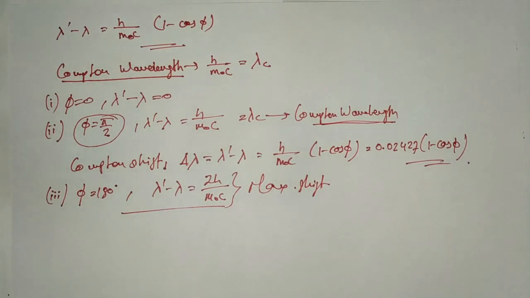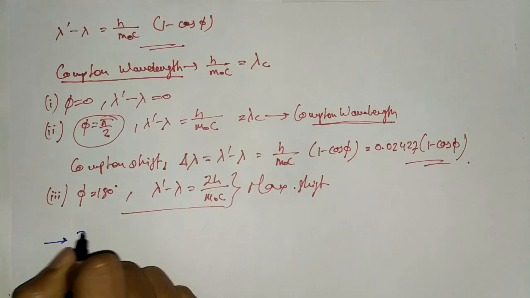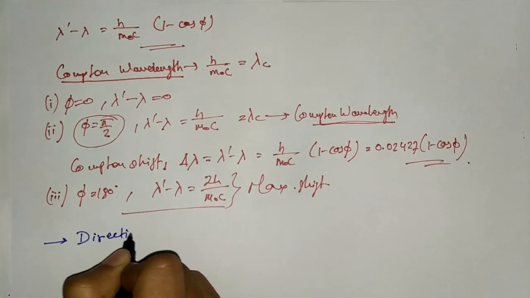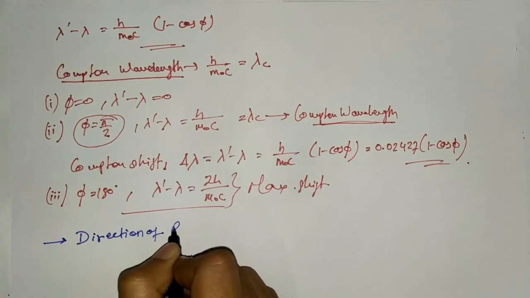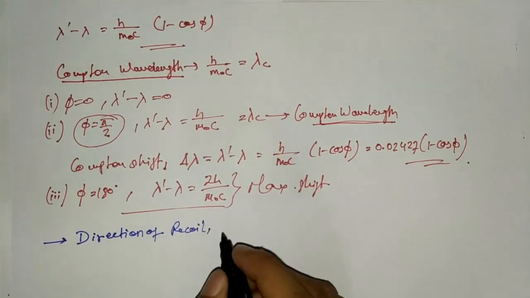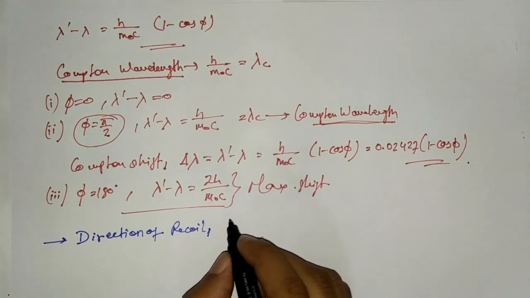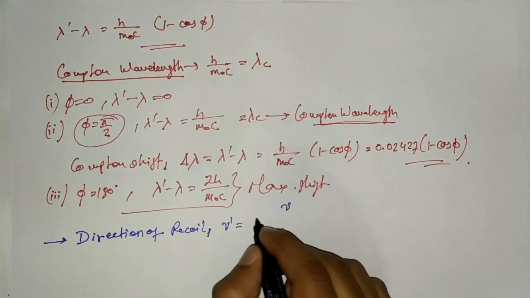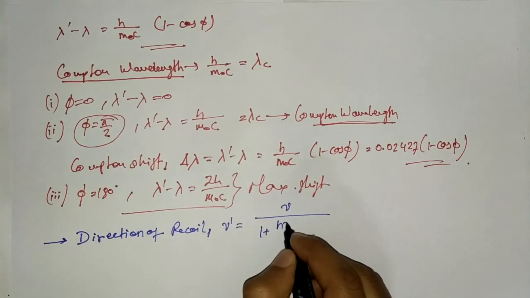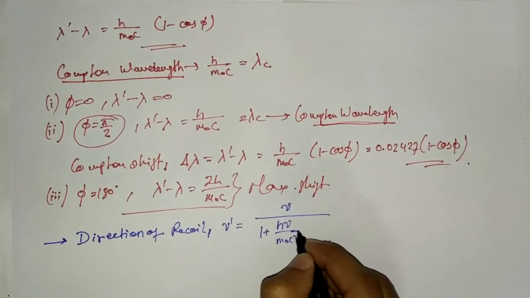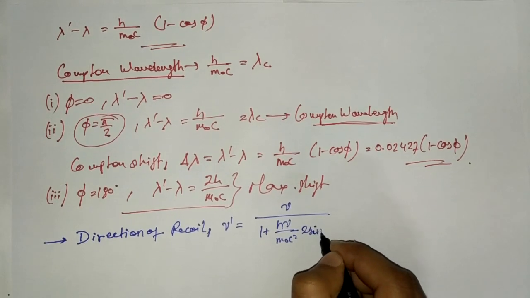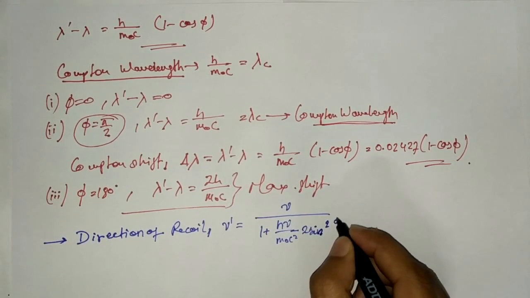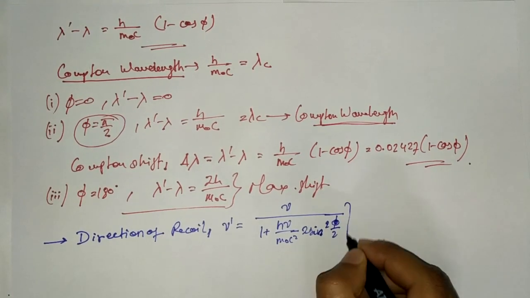So now let me write the equations for you, to remember from the examination point of view. First I am writing the equation of direction of recoil electron. The frequency of scattered photon can be found from this formula, that is nu dash is equal to nu by 1 plus h nu by m naught c square into 2 sine square phi by 2.